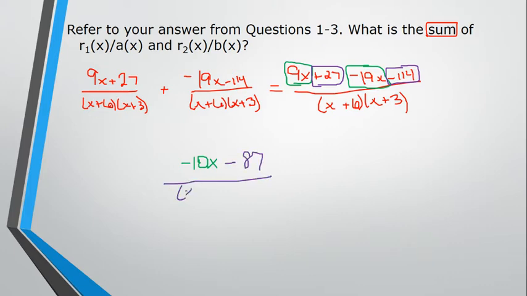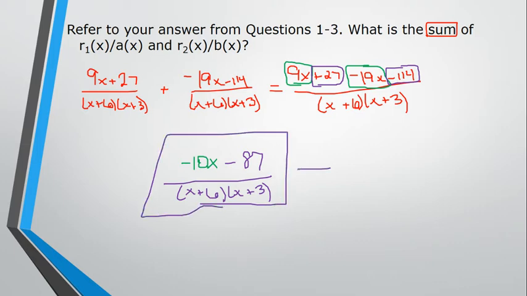And remember, that's all still over our LCD of x plus 6 times x plus 3. So this is my sum of the two together: negative 10x minus 87 divided by x plus 6 times x plus 3. That would be the sum of r1 of x divided by a of x and r2 of x divided by b of x. So that is it for the project 13. Remember, if you need any help, go ahead and contact me and I will help you out.